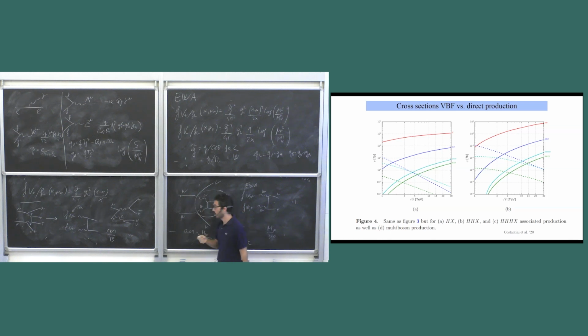When you do this, you are, by definition, focusing on the vector boson fusion diagram, because you're selecting something that starts with W boson fusion.